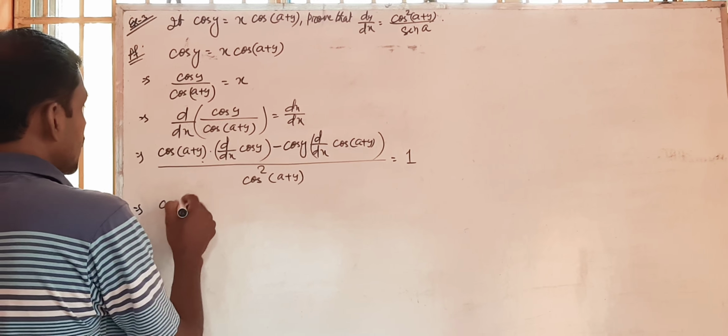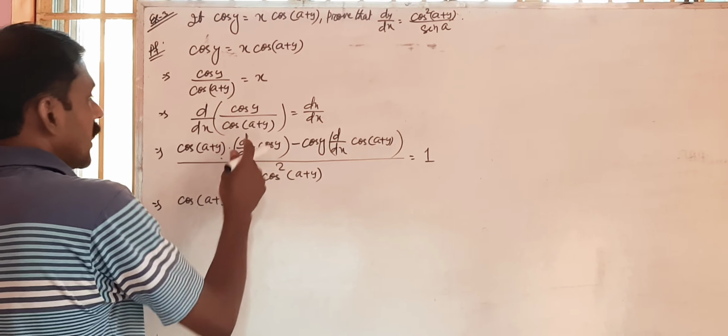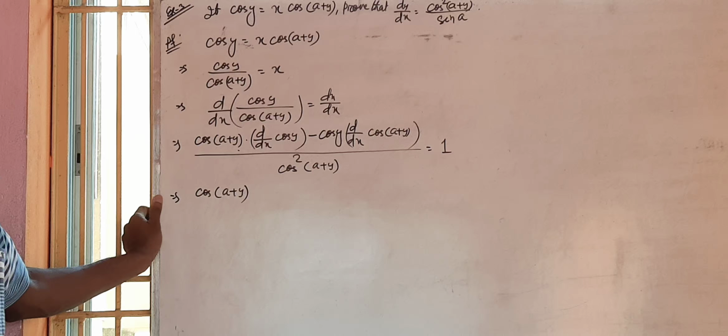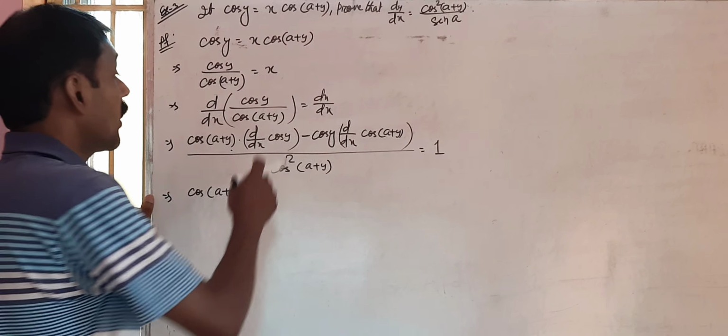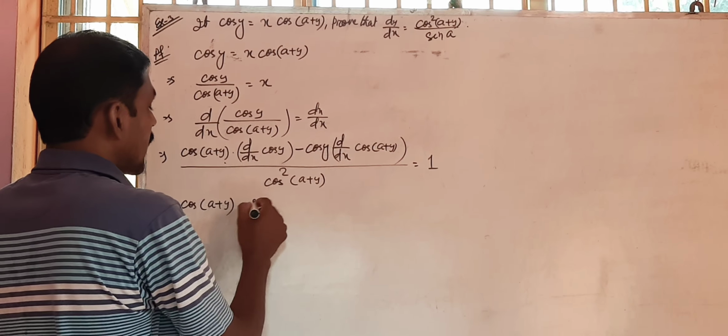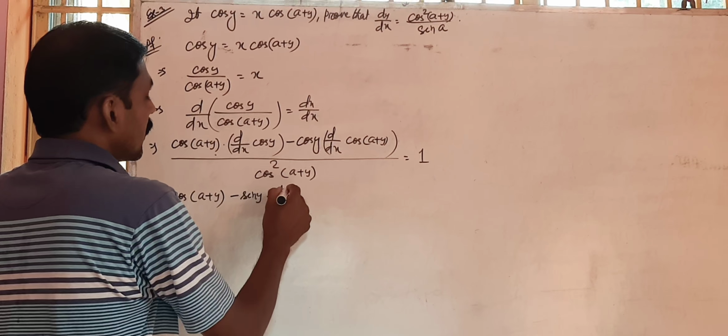Now it is cos a plus y. Now derivative of cos y with respect to x. So derivative of cos y is minus sin y into dy by dx.